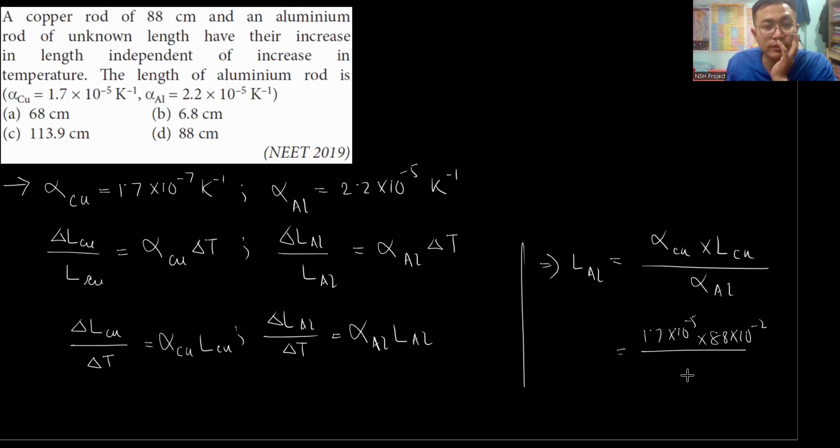On the other side, alpha_Al is 2.2 into 10 to the power minus 5. 11 2 is 22, 11 8 is 88, and then this is 0.1, so this is 74.28.